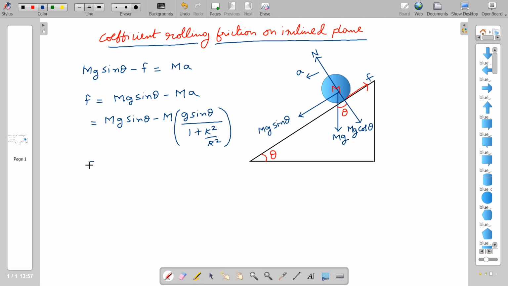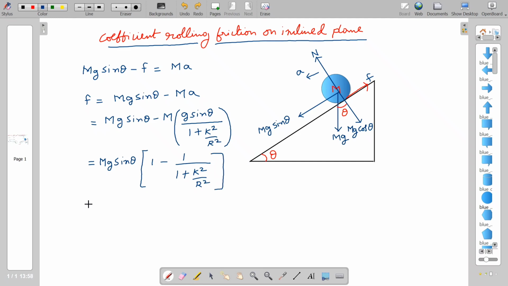Now from this step I can write mg sin theta commonly outside. Then inside the bracket I will get 1 minus 1 by 1 plus k square by r square.